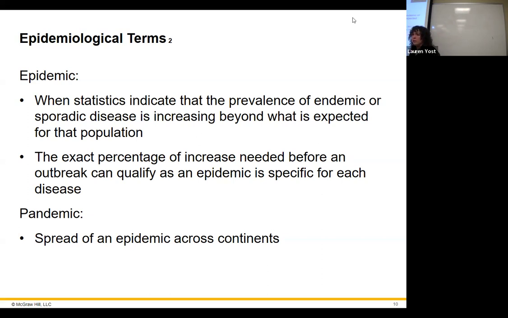So this is an unexpected circumstance. For example, if a new strain of the flu came out, that would probably result in an epidemic, because it's not going to give you the endemic results that you're used to seeing. The number of people you would be seeing sick is now going to be skyrocketing with the new strain.